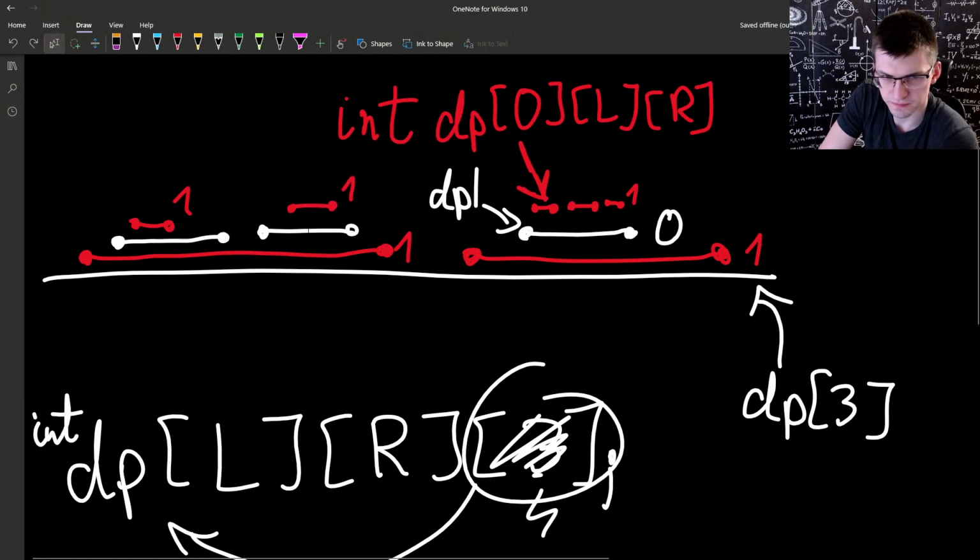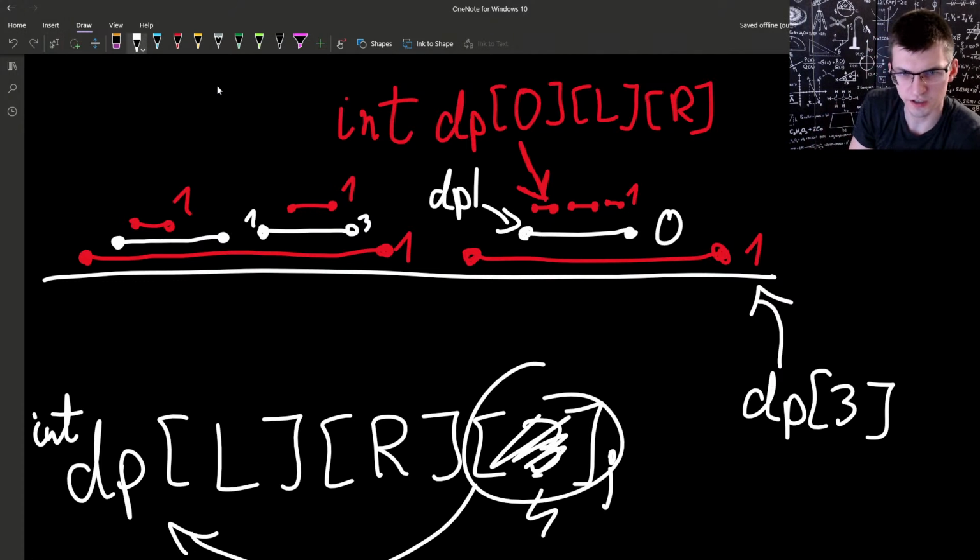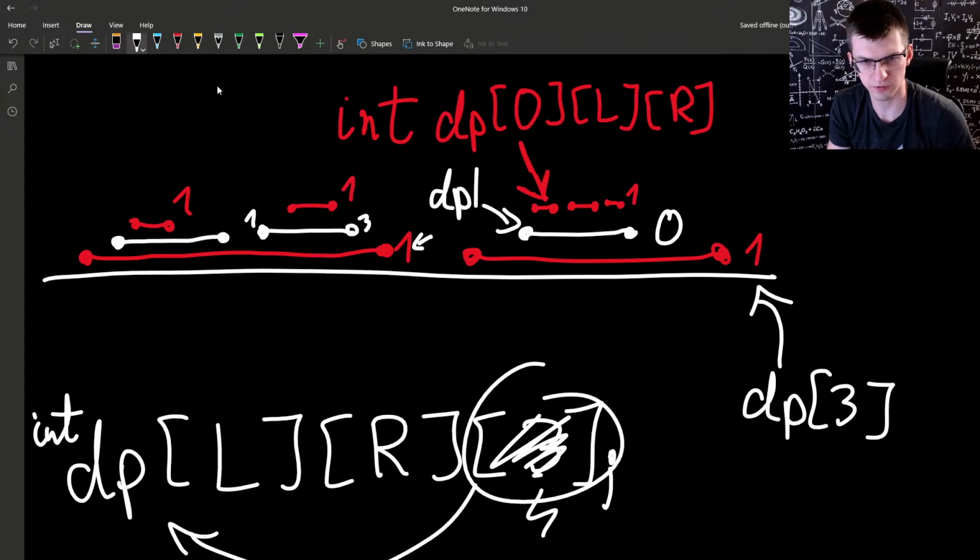Ones. Zeros. I want to have ones from 0 to 5 with a gap. A gap will be from 1 to 3. So after the first stage I take this, after the second stage I take this from 0 to 5.